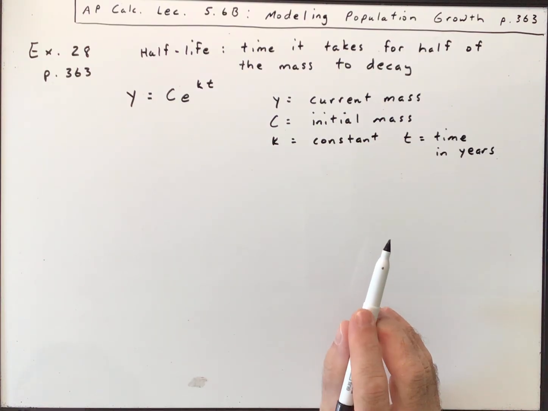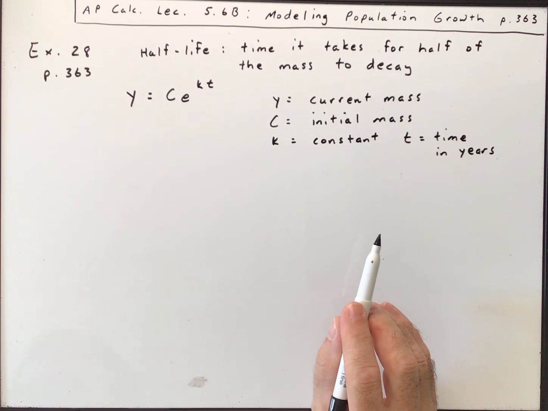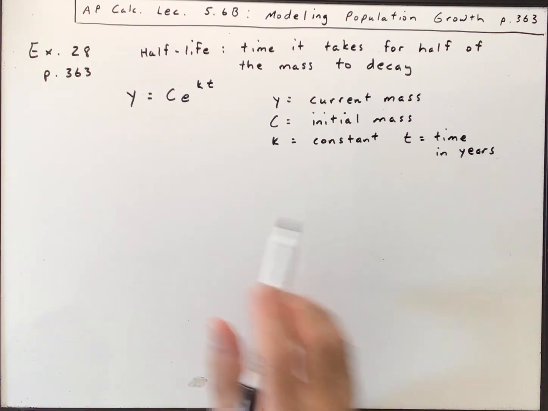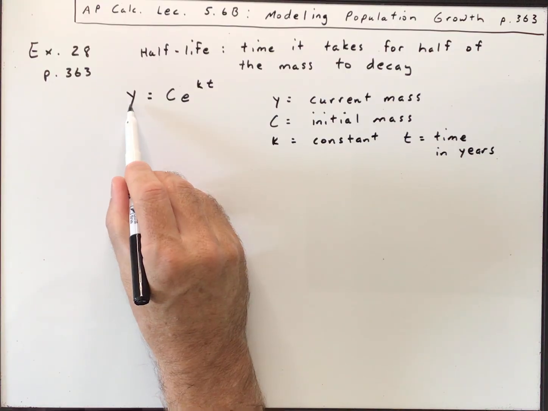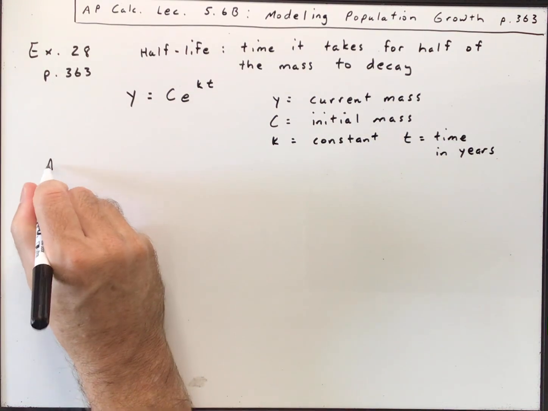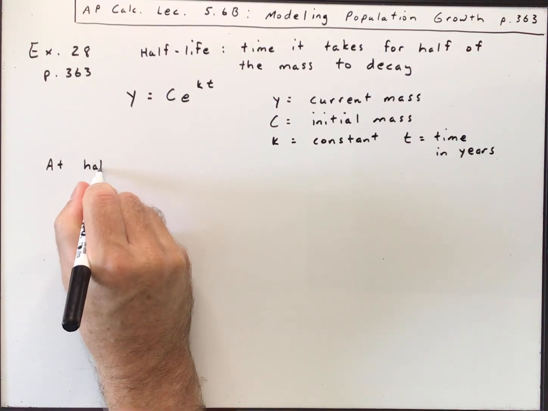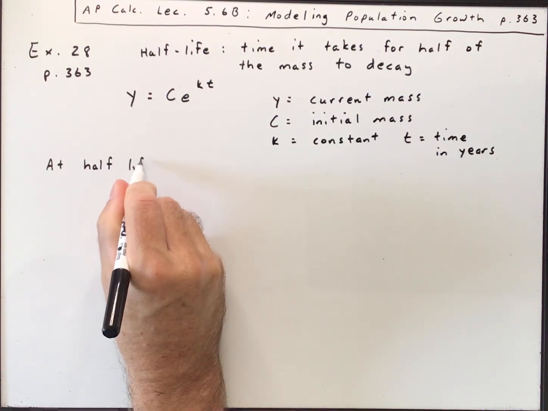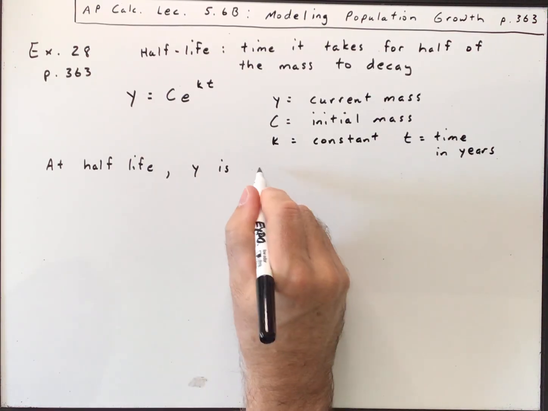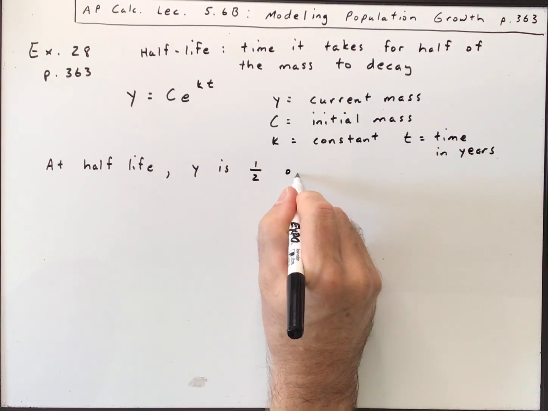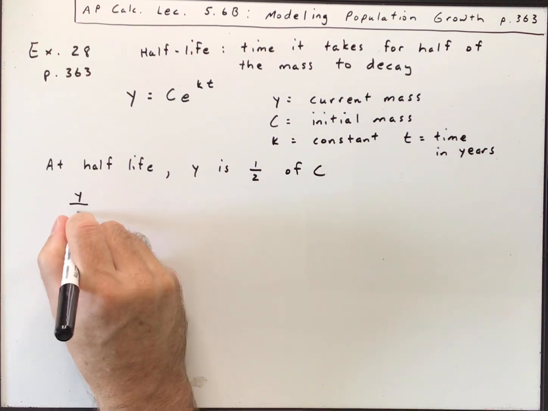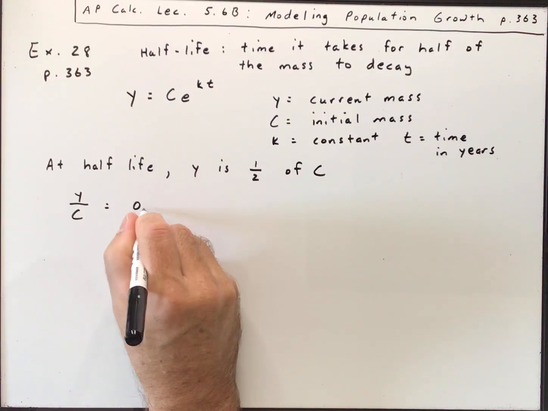We know that we have a half-life of 5,730 years. And so what that means is that at half-life, Y is 1/2 of C. So that means Y over C is going to be 0.5.